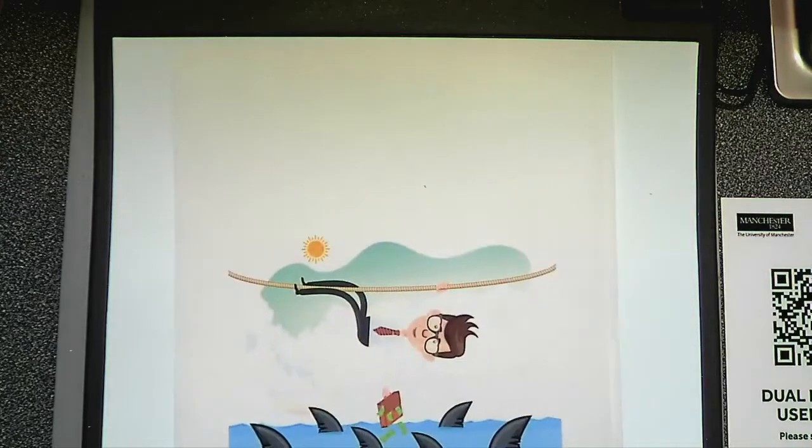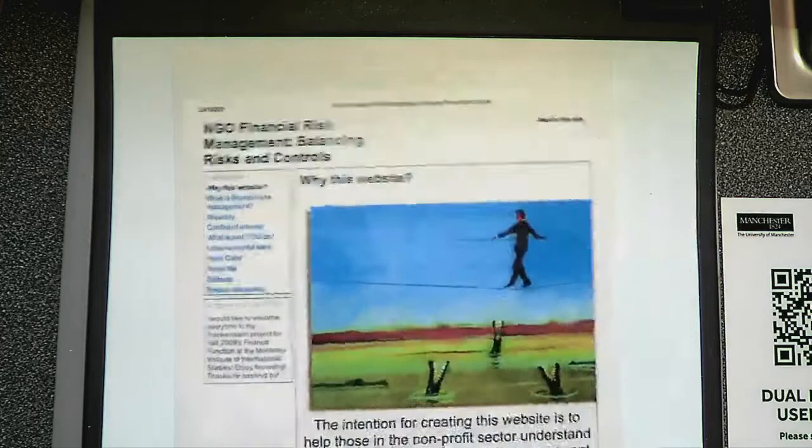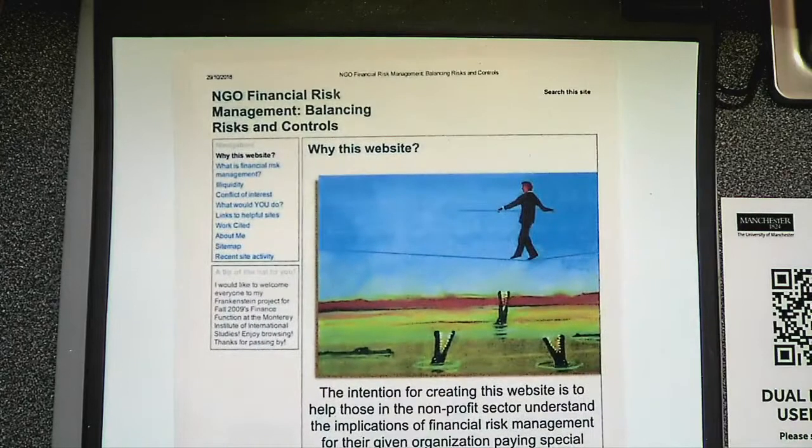So this is another picture. I think I explained this in the video, right? So these are 3 pictures giving a graphical representation of what a financial risk is. So you need to make a calculated risk.